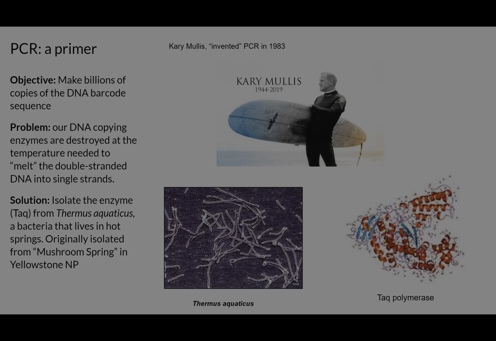There's a bit of a problem in that the machinery inside of our cells that copies DNA is incredibly complex. There are many enzymes and proteins and other components that are required to successfully copy our DNA. And to be able to recreate that process in a lab condition is extremely challenging and expensive.